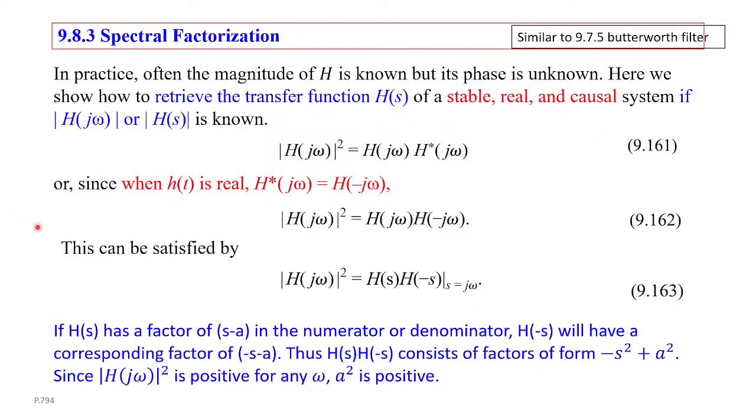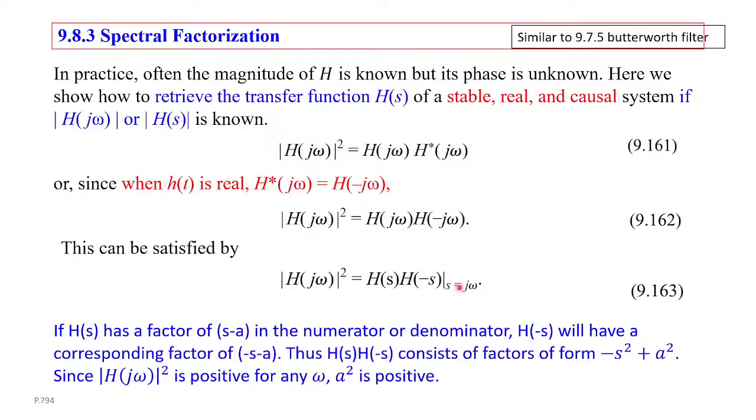And it starts really like what we did with the Butterworth filter. We say the magnitude squared of H of j omega equals H of omega times the complex conjugate of H of j omega, and then we use the condition that our impulse response is real. So the star becomes a negative sign inside, and this is H of omega times H of minus j omega.